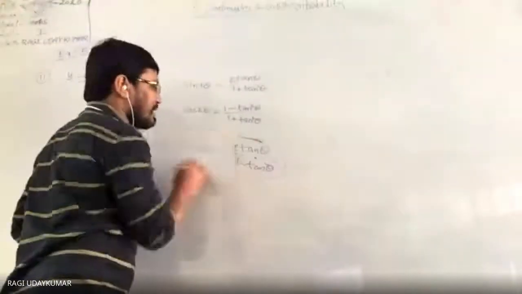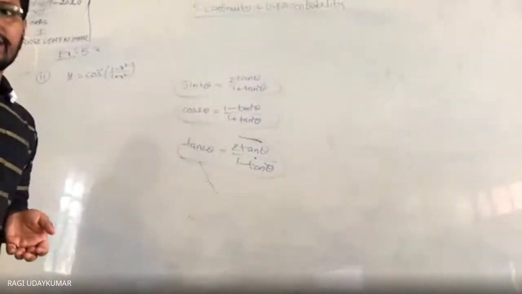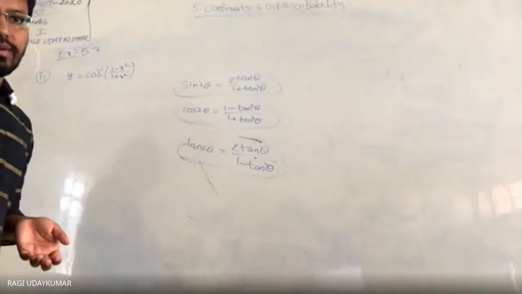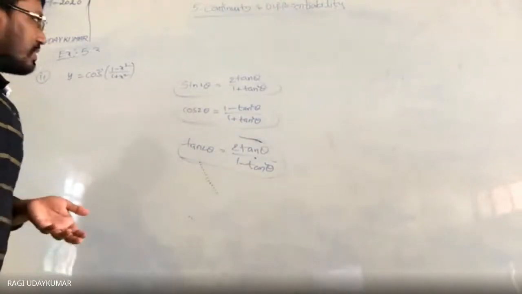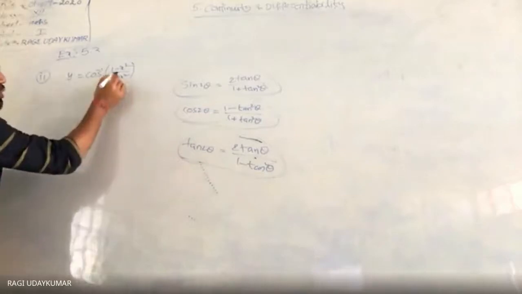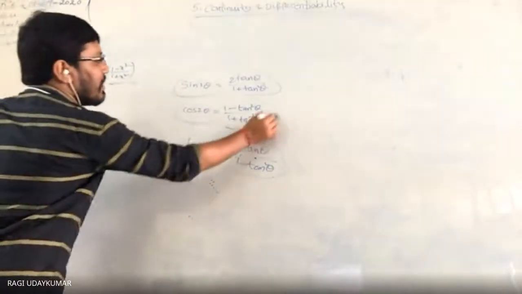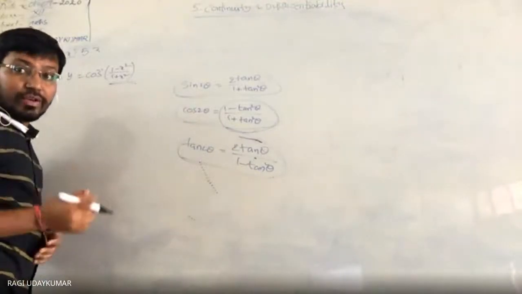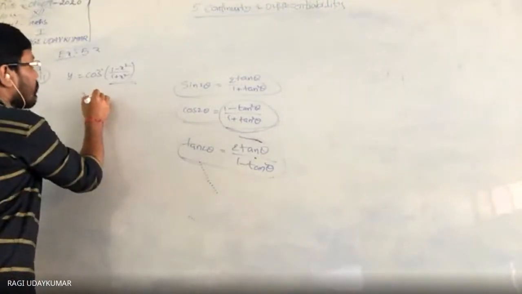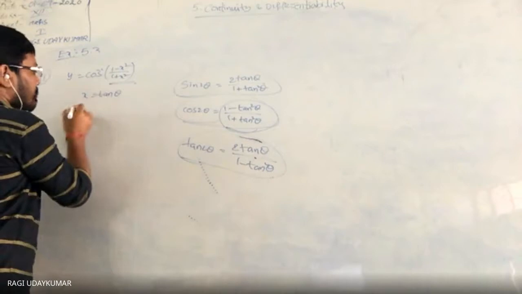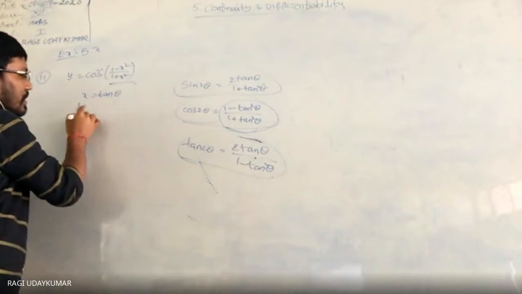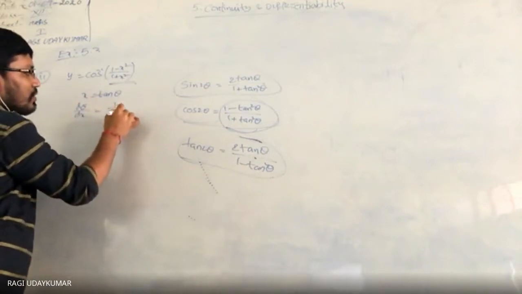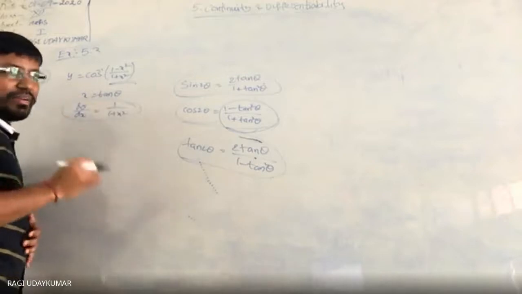If you know these three things and along with this all the trigonometric identities, then it is an easy task for you to solve the problem. Otherwise, it's not simple. Same thing here. Cos inverse is there, so you will get cos 2 theta. So let x is equals to tan theta, and d theta by dx is 1 by 1 plus x square, as we got.